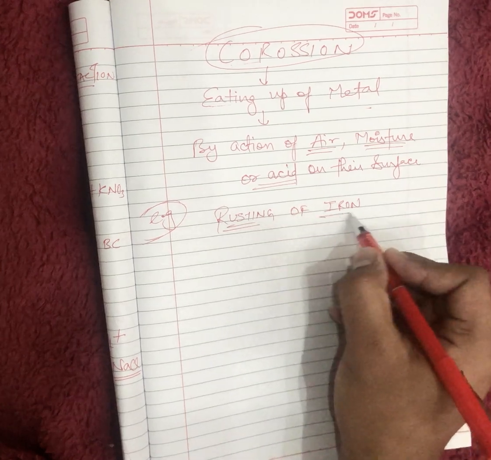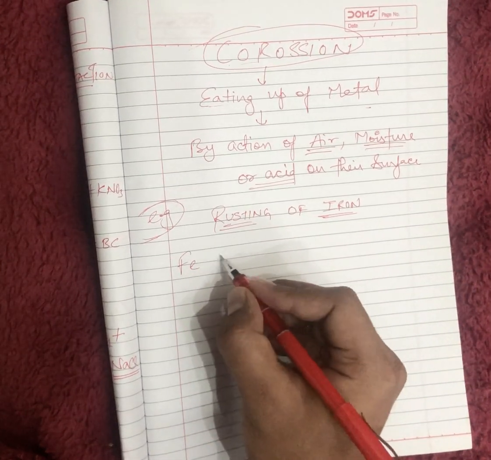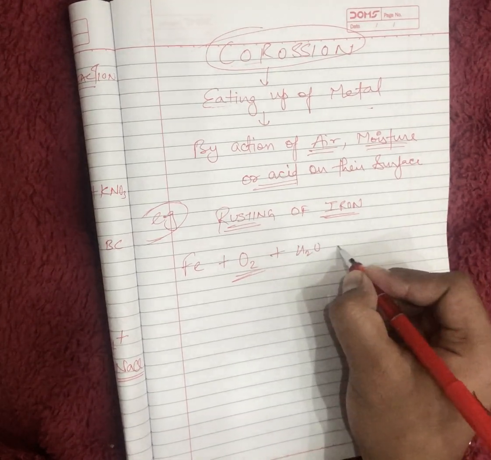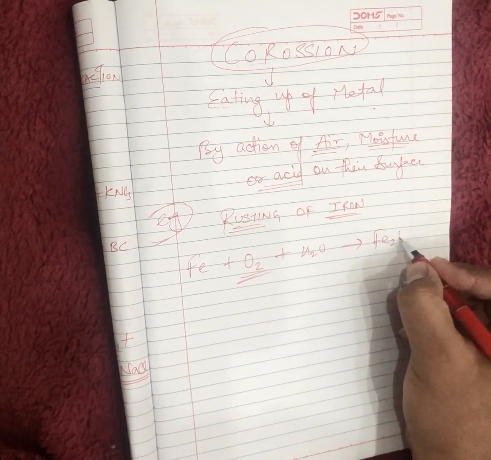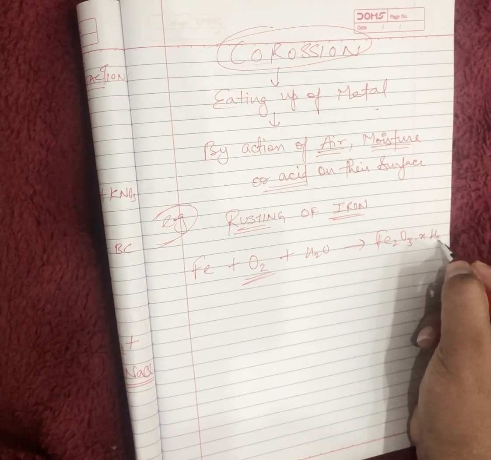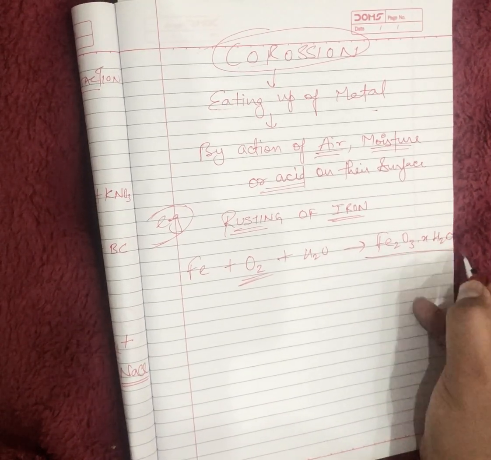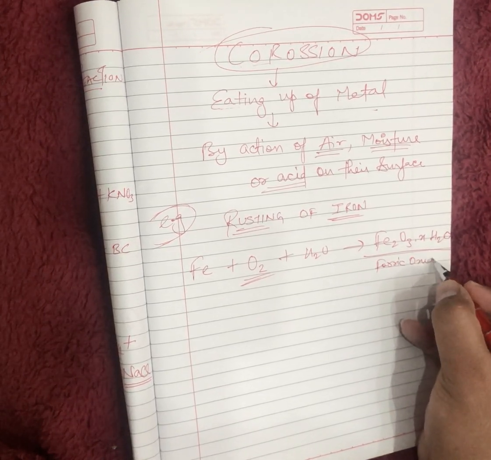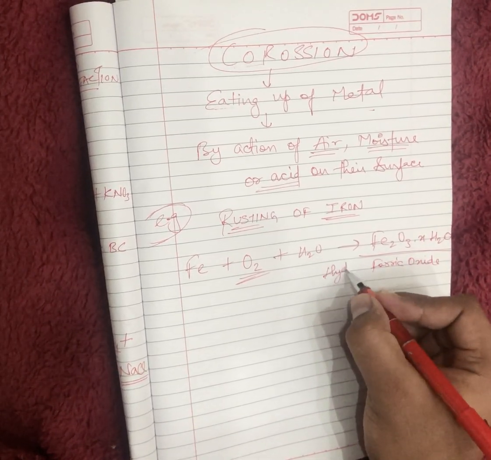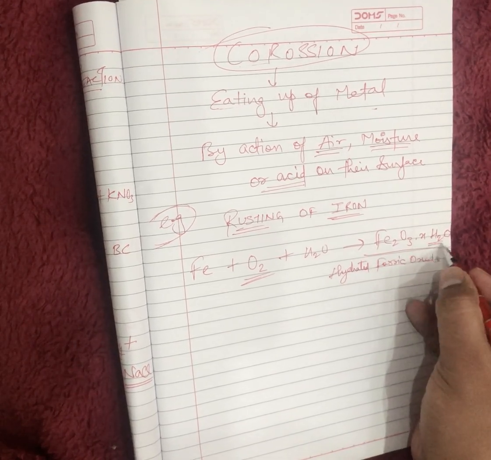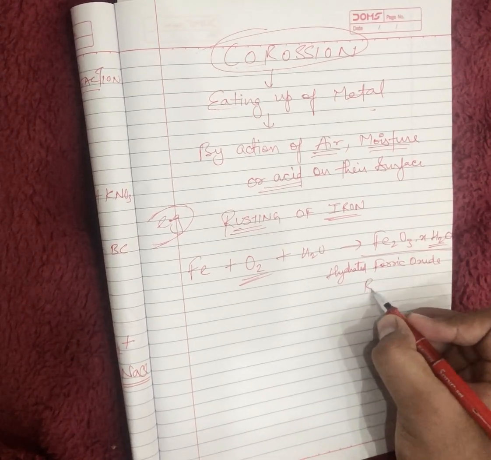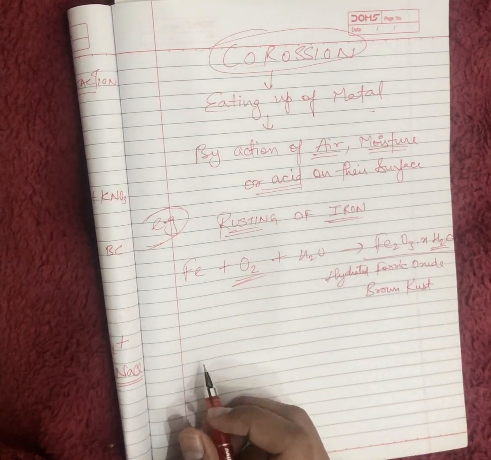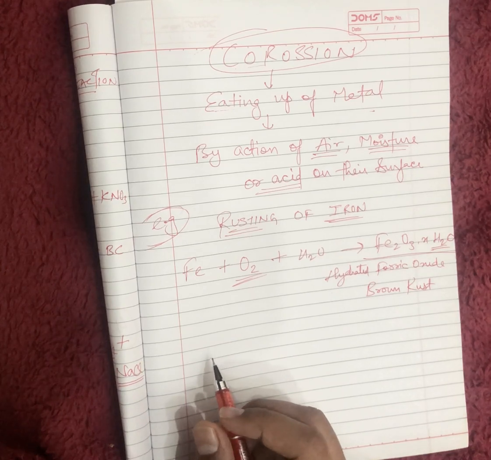So in case of rusting of iron, on exposure to air, that is oxygen, and moisture, that is water, it will give Fe2O3.xH2O, which is basically ferric oxide, also known as hydrated ferric oxide, due to the presence of water, and it is of brown color, which is known as rust. So that's why it is known as rusting of iron.